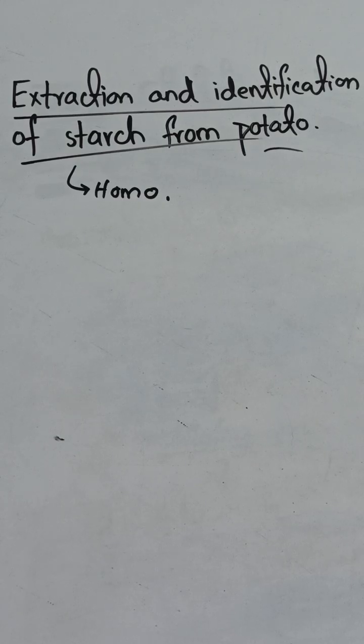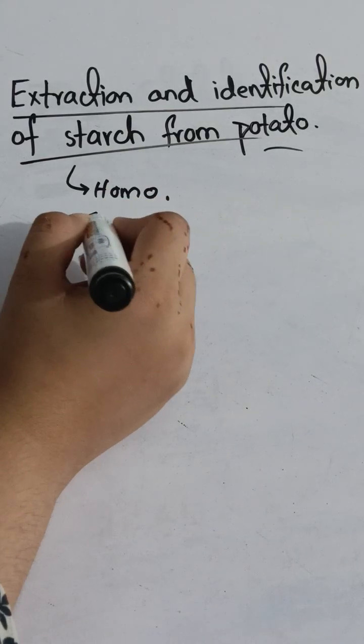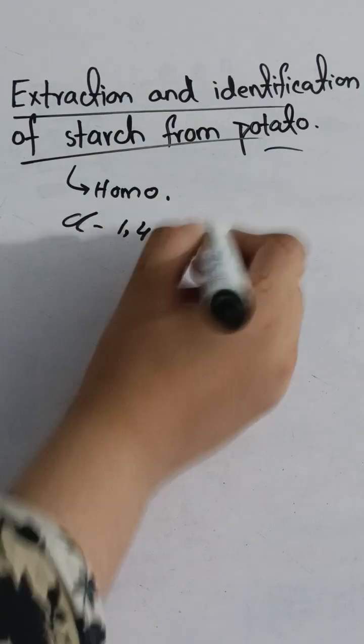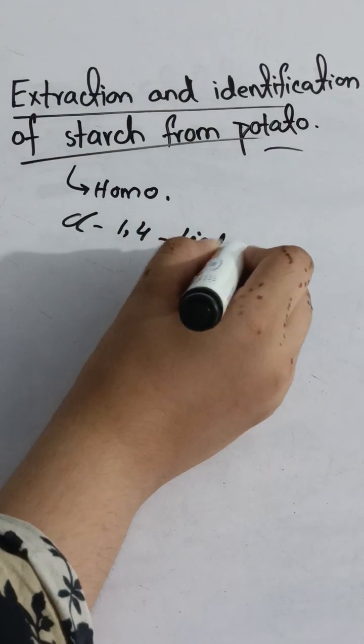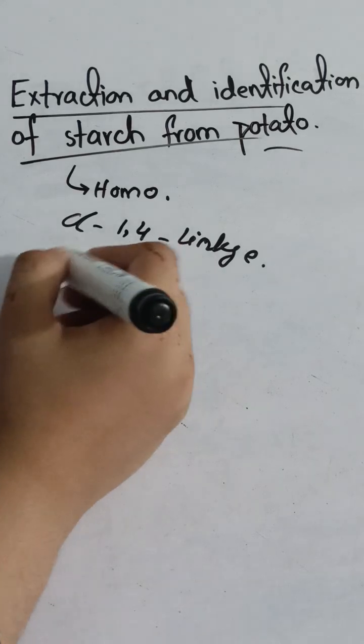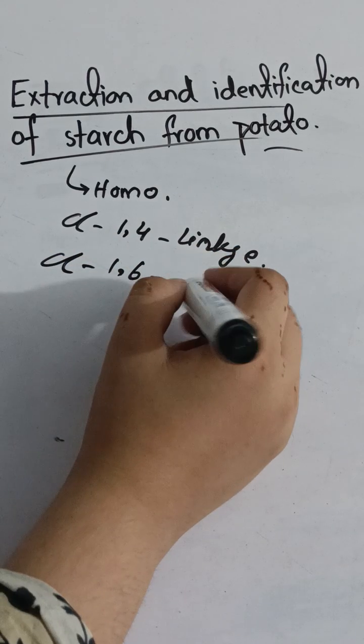Its linkage is, within the starch molecule you will find the alpha 1 4 linkage between the glucose molecules, right? And we also have alpha 1 6 linkage within the amylopectin.